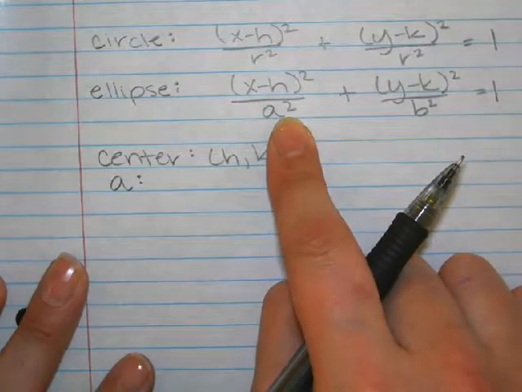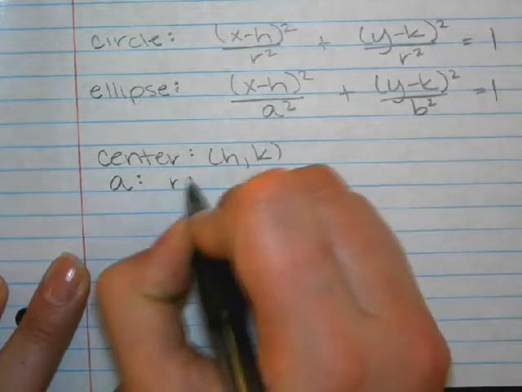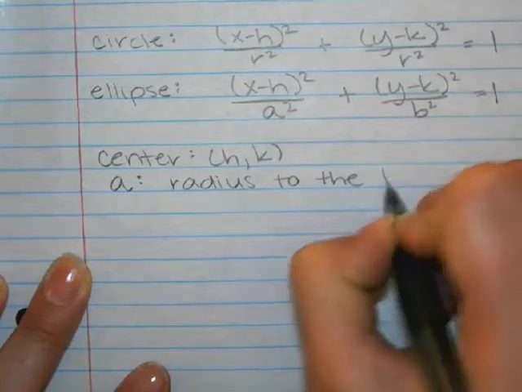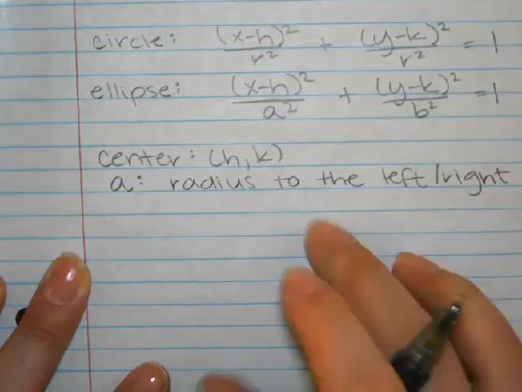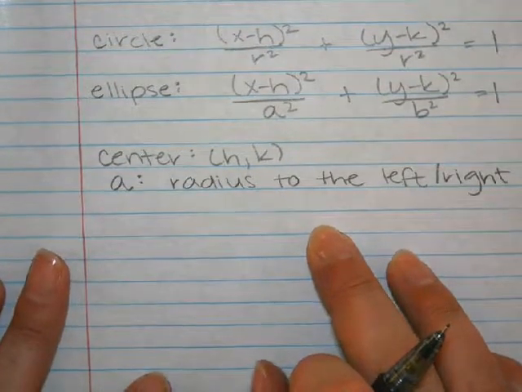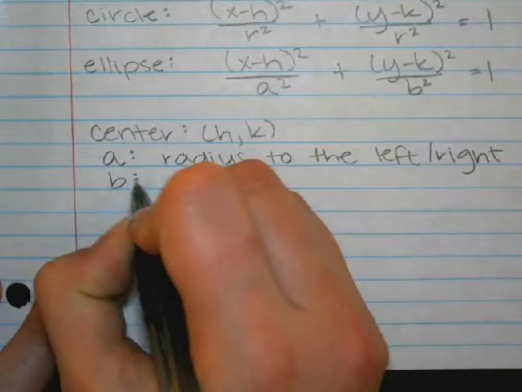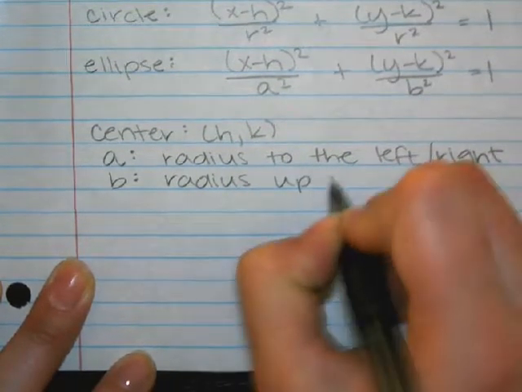So we're not going to look at a squared, we're going to look at just the a value. You can think of that as the radius to the left and right. Calling it a radius is not accurate, but that's essentially what it is. And then the b value is like the radius up and down.